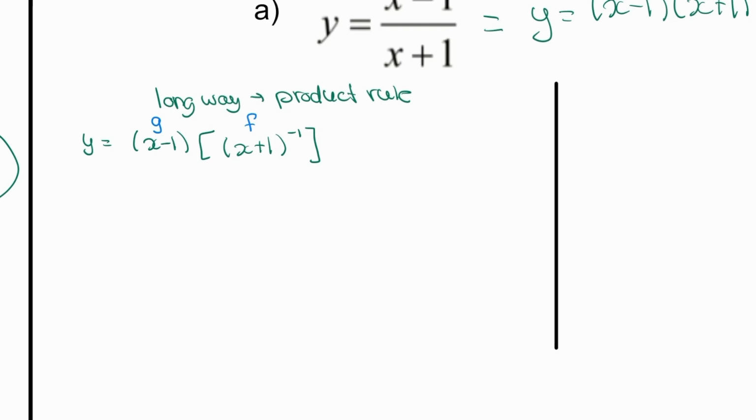Our first derivative is equal to the derivative of the first times the second, so the derivative of this times this in its entirety, plus my derivative of my second, this one, times my first just as it's written there.